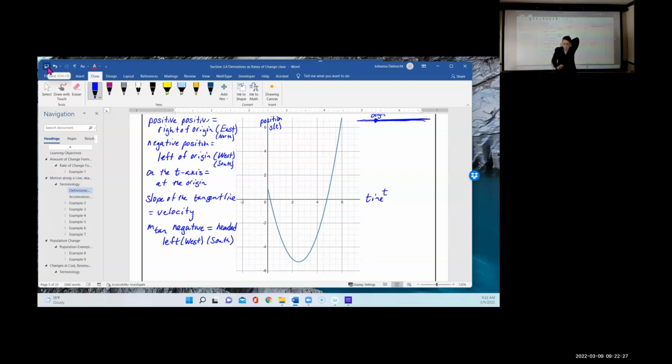All right. So what does that mean if the slope of the tangent line is positive, like between, say, 2.5 forever after that? Well, if the slope of the tangent line is positive, then it is headed towards the right, which would be towards the east. Now, this doesn't mean it is east, it just means it's traveling east. All right.